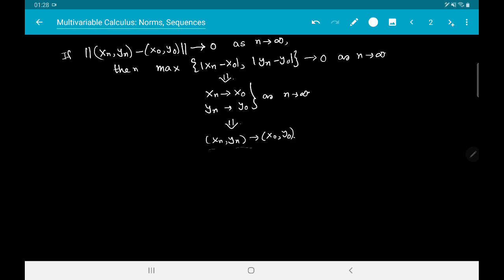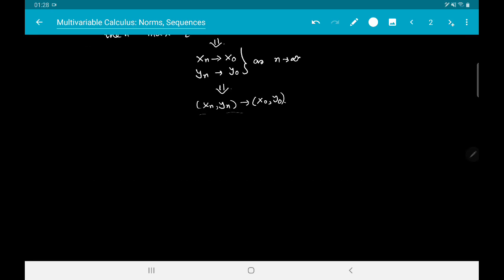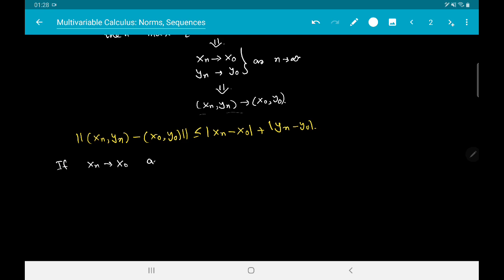To prove the converse, we must use the second inequality that we have obtained. And what was that second inequality? The second inequality told us that ||(xn, yn) − (x0, y0)||, if I take the norm, is less than or equal to |xn − x0| + |yn − y0|.